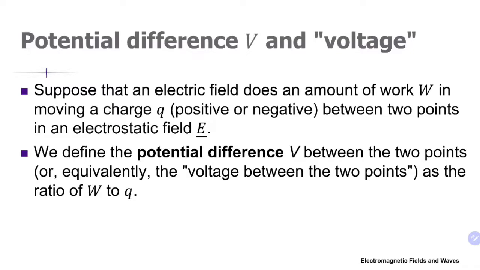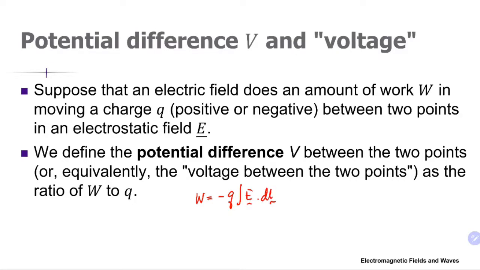Suppose an electric field does an amount of work W in moving a charge Q between 2 points in an electrostatic field E. We define the potential difference V between the 2 points, or equivalently the voltage between the 2 points, as the ratio of the work done W to Q. Okay, so just now we said that W is equal to minus Q integral of E dot dl.